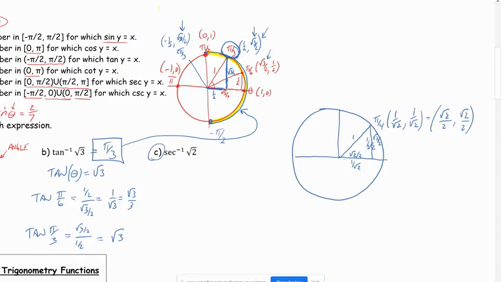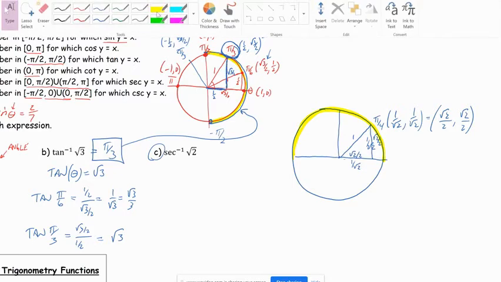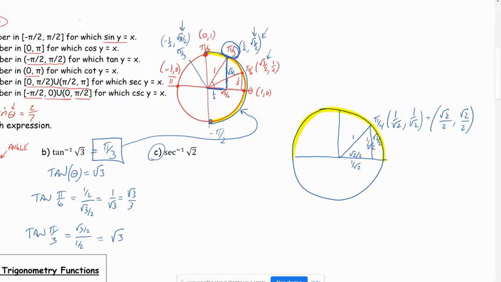So for cosine and secant, we only look at this part of the unit circle. Even though there are many places on the unit circle that have this ratio 1 over root 2, or just root 2, we're only looking for the one single value that happens in that highlighted region.